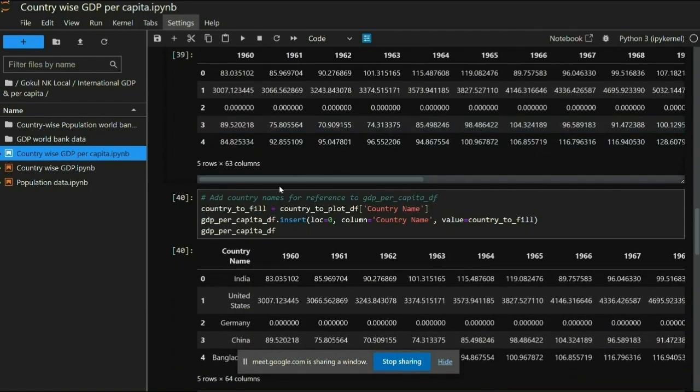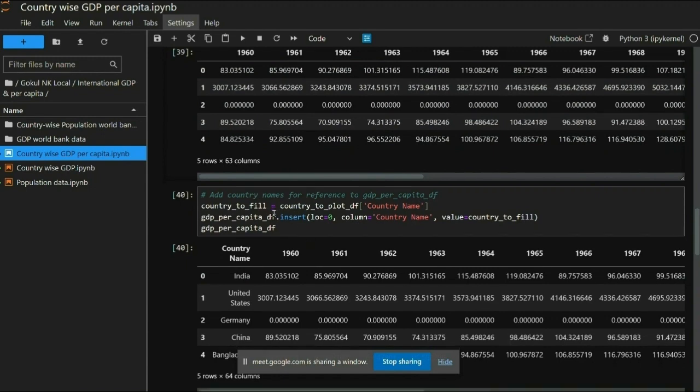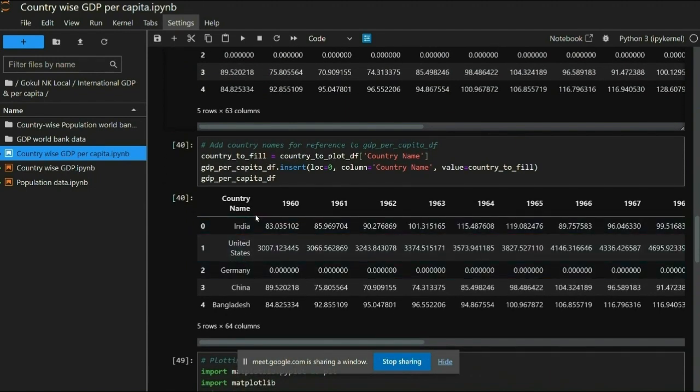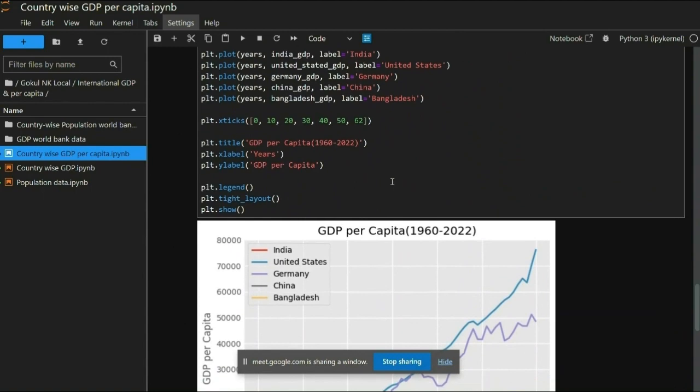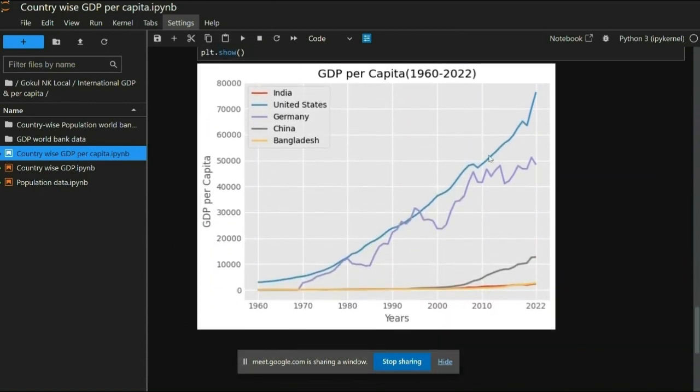The country name was missing, so we are adding the country name as a separate column, inserting it in the first position. Then we have plotted using matplotlib for the countries.